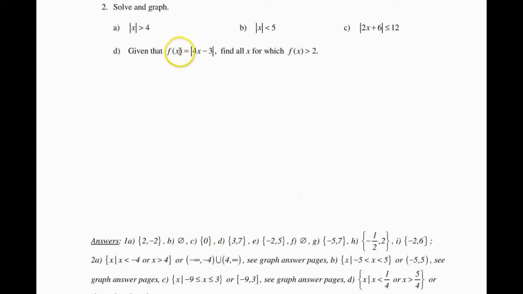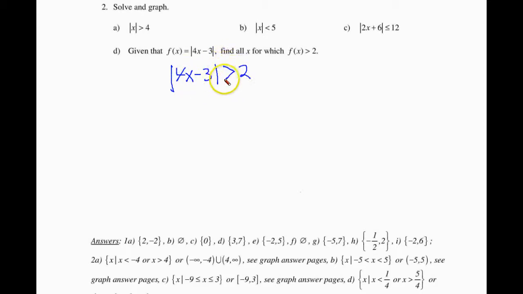It's the use of function notation in which we are saying absolute value of 4x minus 3 is greater than 2. Now, is this going to be a disjunction or a conjunction?